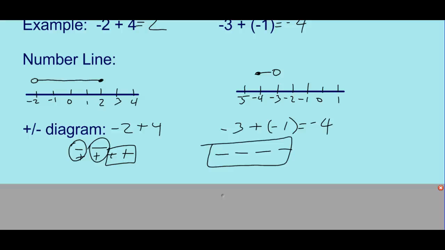So let's look at what we did and see if we can come up with a rule. Negative 2 plus 4 is 2, and negative 3 plus negative 1 is negative 4. We could draw the pictures, but that's not always realistic. Sometimes, if you're talking about numbers like 37, it gets a little bit ridiculous to draw 37 plus signs.